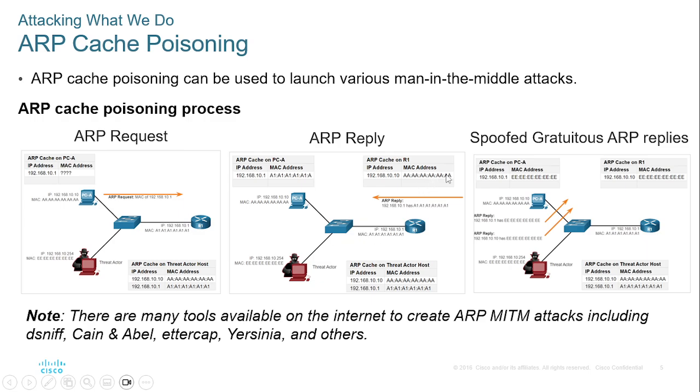But then, you can see in the second diagram, instead of router 1 replying, router 1 is actually supposed to reply with its MAC address back to PC A. That's supposed to be the legit reply, but that doesn't happen.